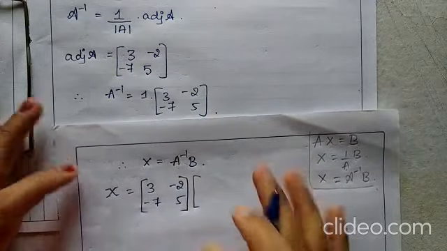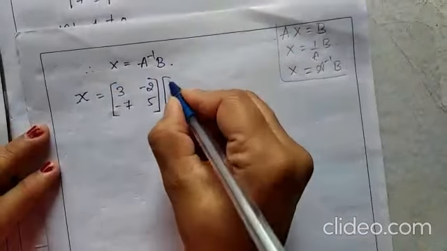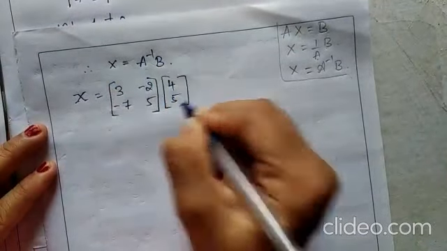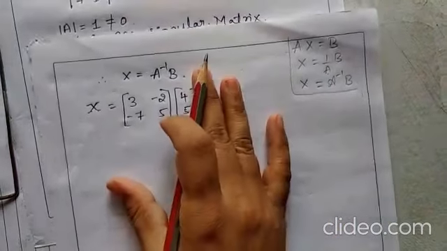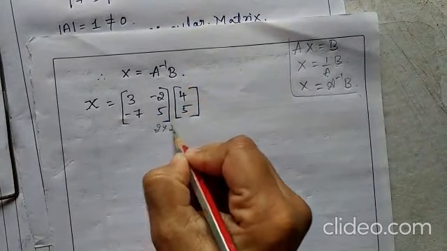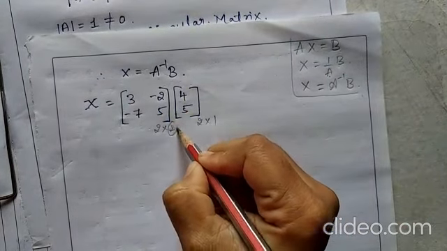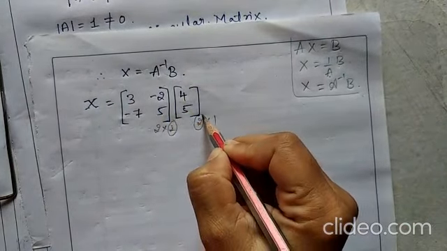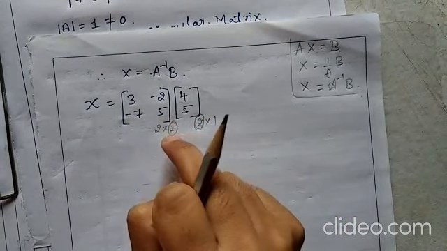What is the B matrix here? The B matrix is 4, 5. Here the first matrix is of order 2 rows and 2 columns, and this one is 2 rows and 1 column. The number of columns in the first matrix is equal to the number of rows in the second matrix. Both are equal, so multiplication holds good.